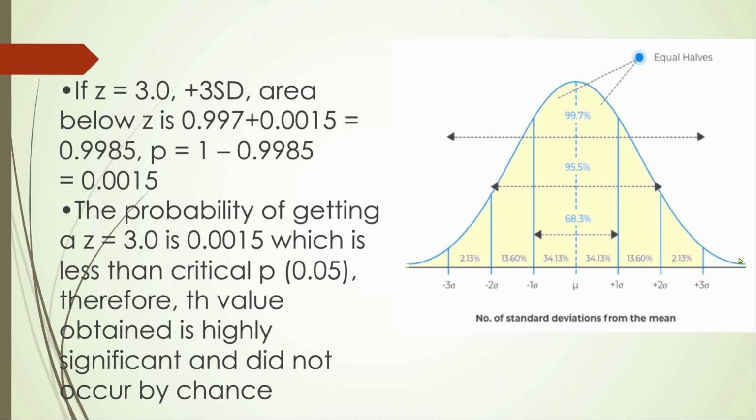That means the probability of obtaining this value is 0.0015, which is less than the critical p of 0.05. Therefore, the value obtained is highly significant and did not occur by chance.